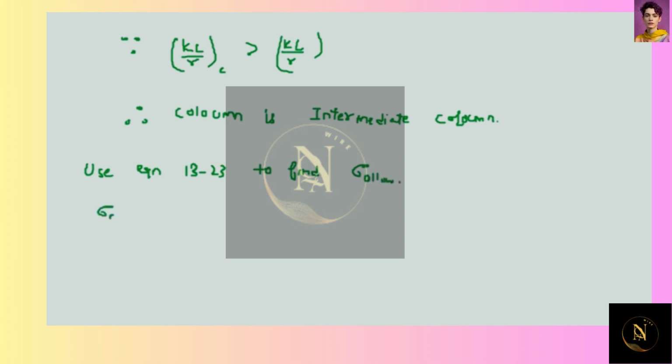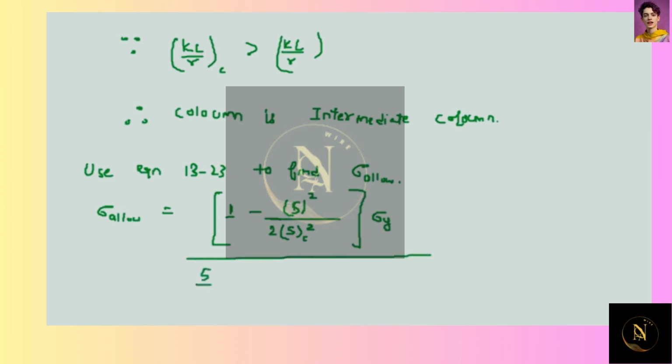So sigma allowable will be equal to 1 minus slenderness ratio S square divided by 2 times slenderness ratio C square, for the column using the formula given in section 13.22, multiplied with sigma y, divided by 5 divided by 3 plus 3 multiplied with slenderness ratio S divided by 8 multiplied with slenderness ratio C calculated by equation 13.22, minus slenderness ratio S cube divided by 8 multiplied with slenderness ratio C cube.